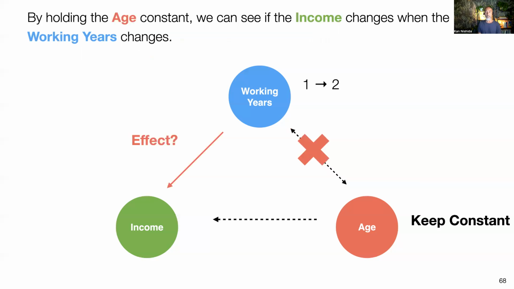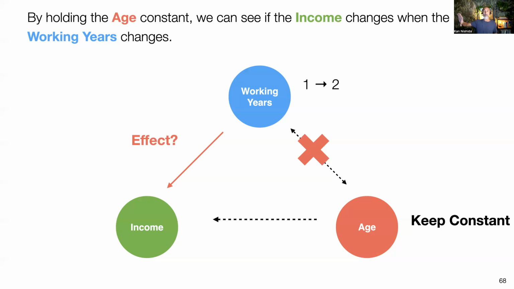In that case, what we can do is keep one of the predictor variables constant. For example, let's say age is constant: only 25-year-old people, or just 40-year-old people. Within that group, there's probably some difference in terms of working years, let's say 1 and 2, or 2 and 3, and so on.